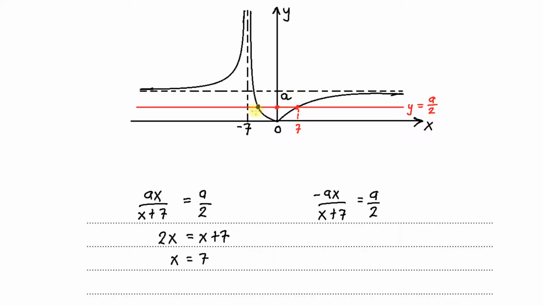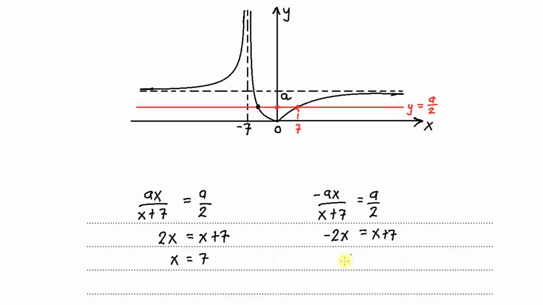And then for the other point of intersection, which is where the reflected portion of the graph, which has the equation minus of ax over x plus 7, is intersecting the line y is equal to a over 2, I can also solve for x through cross multiplying and dividing both sides by a. I will get minus 2x is equal to x plus 7.